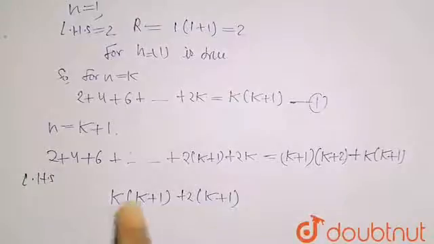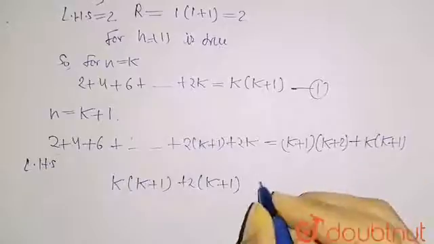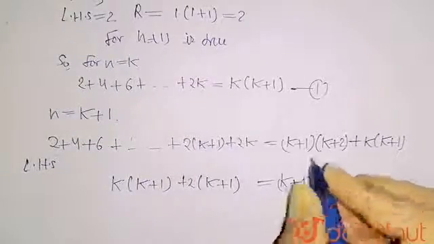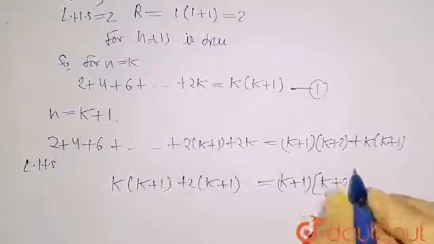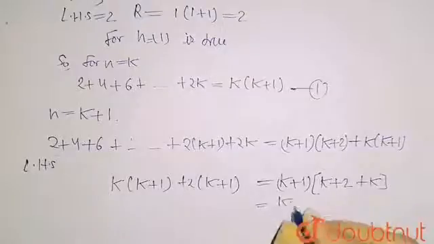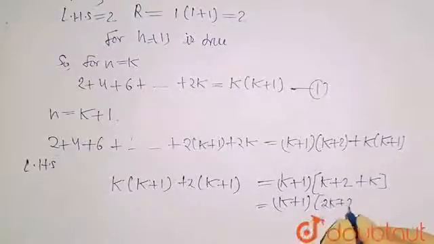Now I have to prove this value equals this term. This term is when you take k plus 1 common from this term, so you will get k plus 2 plus k, which is k plus 1 and 2k plus 2.